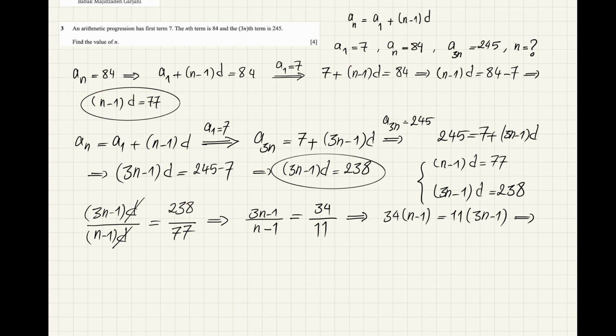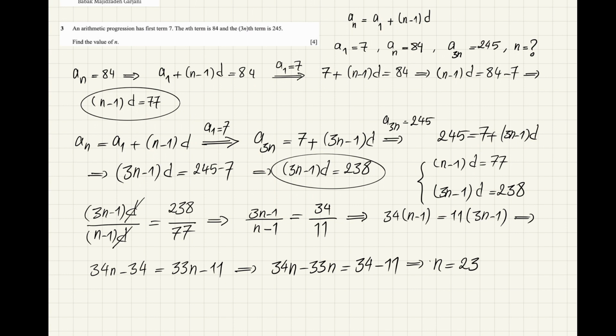That gives 34n minus 34 is equal to 33n minus 11. Then I move 33n to the left, so it becomes 34n minus 33n is equal to, moving 34 to the right, positive 34 minus 11. On the left hand side I have n, and on the right hand side I have 23. And that is actually what I got.